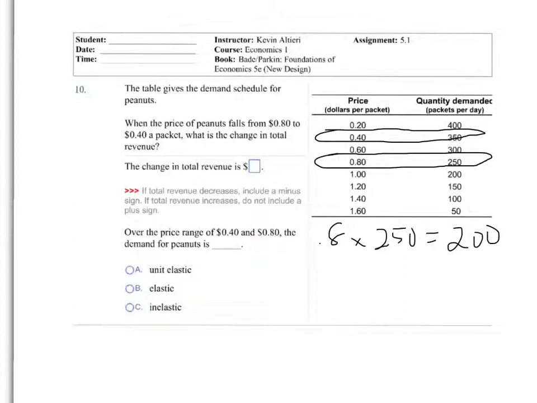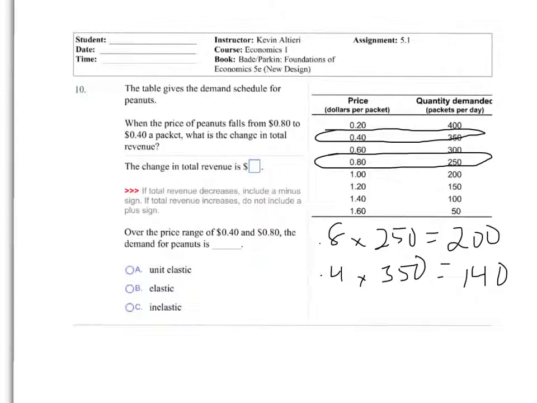Okay? And then we go 0.4 times 350 equals? 360? Nope. 140. Okay? 140. So our difference is 60.